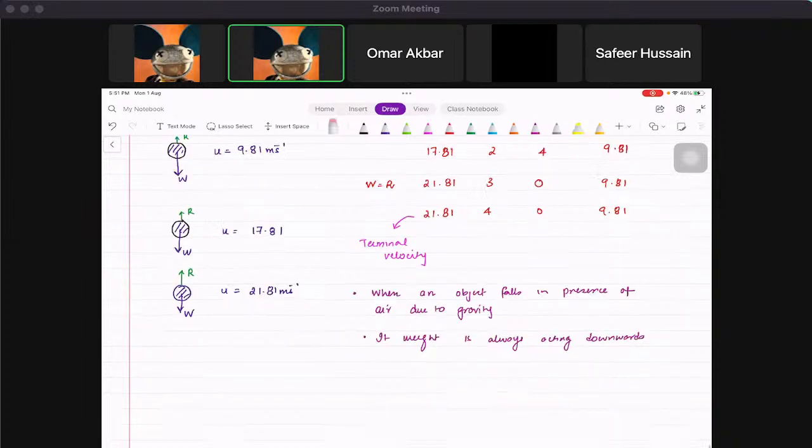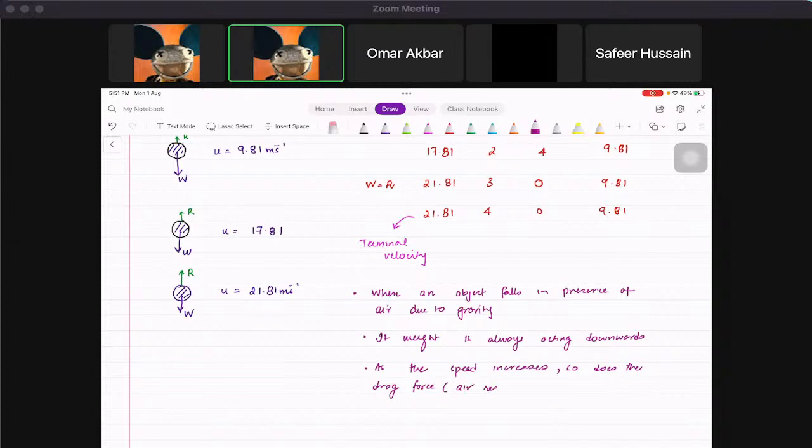Now, as the speed increases, so does the drag force, and drag force is basically the air resistance in this case.